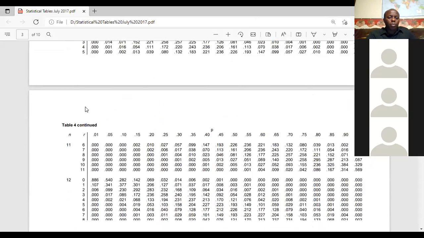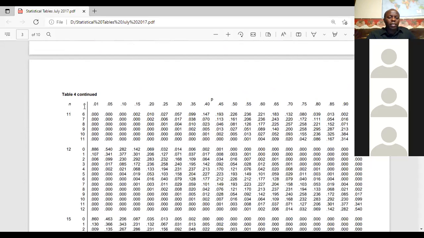Remember the question. If you look at table 4, they use R for X. You can see all the P's right here, and the N right here.